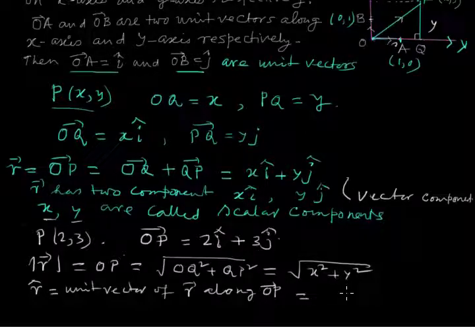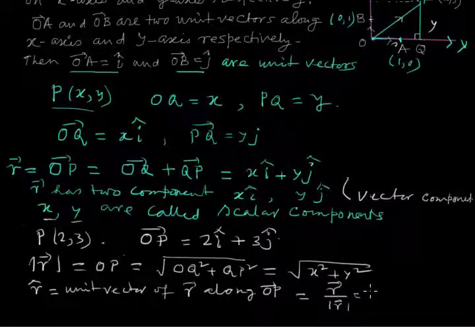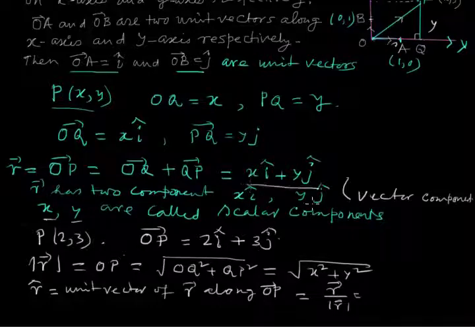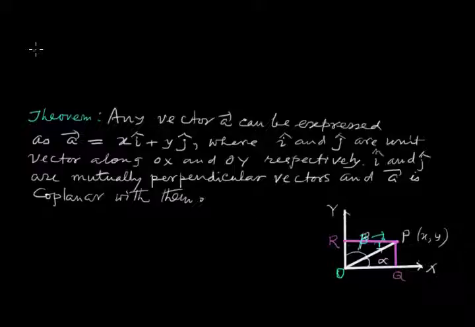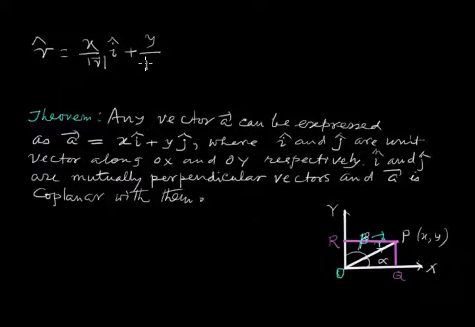And as you know, by definition, this is equal to R by magnitude of R. So vector R is defined as xi plus yj, so we write (xi plus yj) by magnitude of R. So R cap is x by mod R into i cap plus y by mod R into j cap.